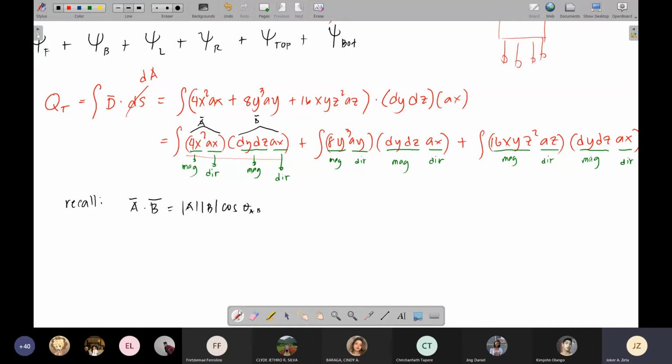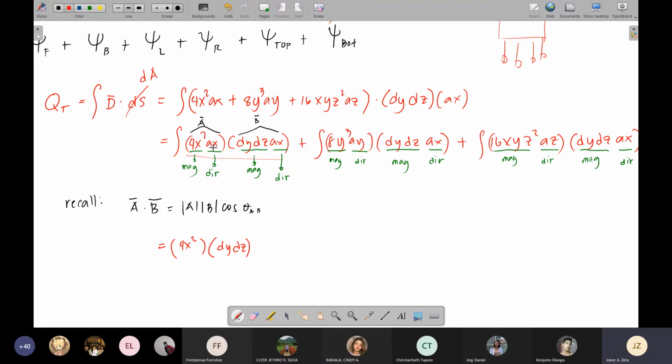Therefore, for the first one, the magnitude of vector A is 4x squared, times the magnitude of vector B, which is dy dz, times the cosine of the angle between A and B. How do we determine the angle? It's very obvious: just look at the direction.